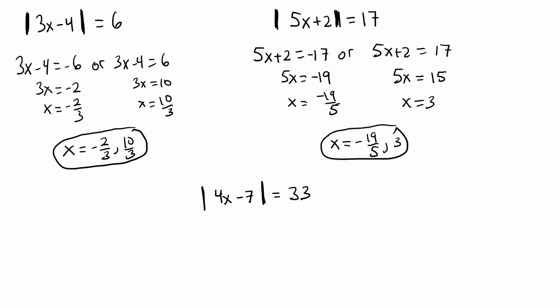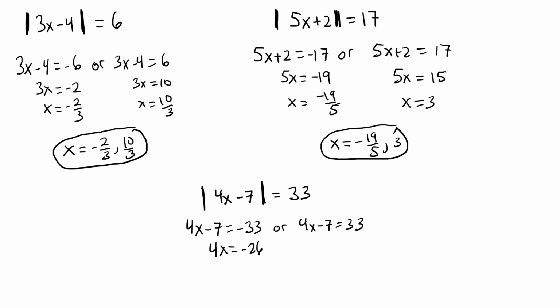Okay, so last one, so you've got this right. So we're going to set up our equation. It's going to be 4x minus 7 can equal negative 33, or 4x minus 7 can equal positive 33. So we'll add 7 to both sides. So on the left, 4x is going to be negative 33 plus 7, which gives negative 26.